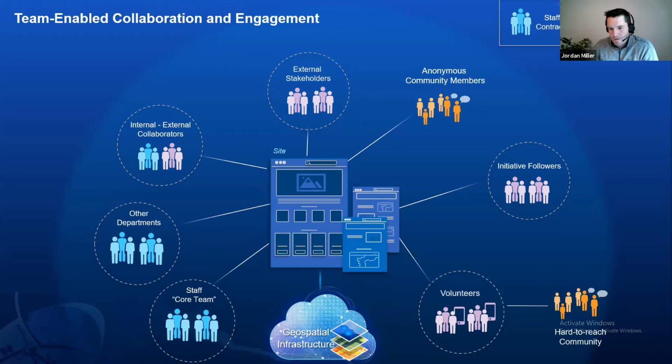So starting with the bottom, because it all starts with quality data and quality applications, maps and apps, all that content, all those items get channeled through our site, our website, our initiative page. We have our set of staff or the core team that are helping us populate that initiative page. Those are really the, what did they used to call those folks?